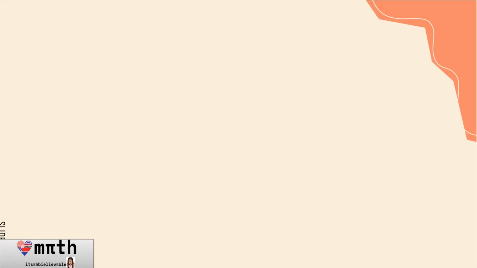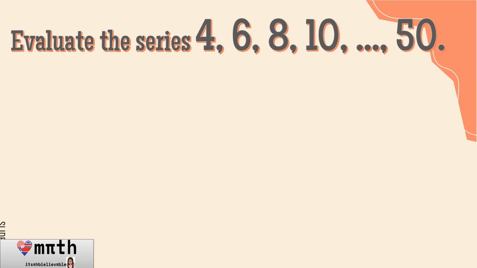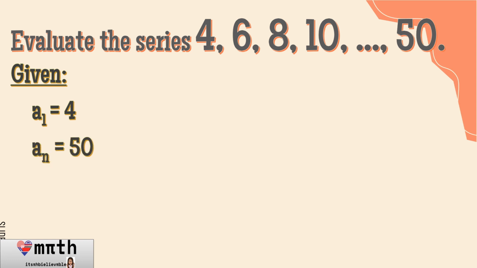In our last example, let us evaluate the series 4, 6, 8, 10 up to 50. So the given would be a sub 1 equal to 4 since that is the first term. A sub n is 50 since that is the last term.